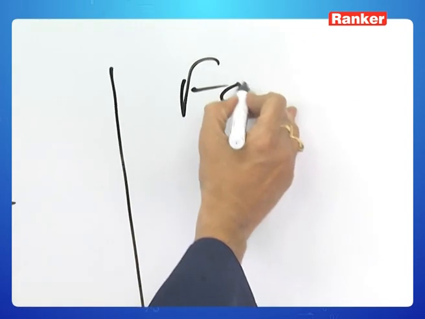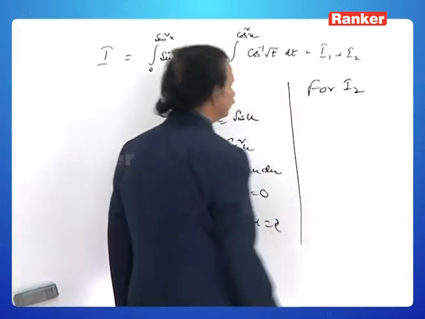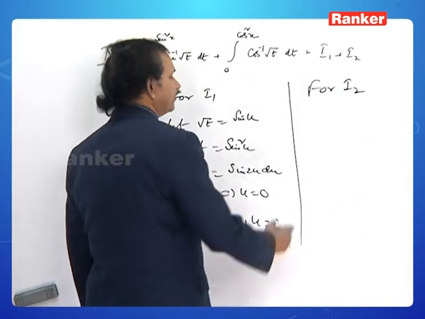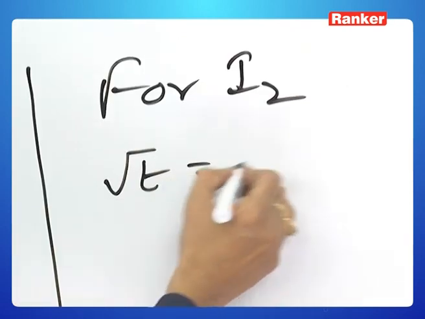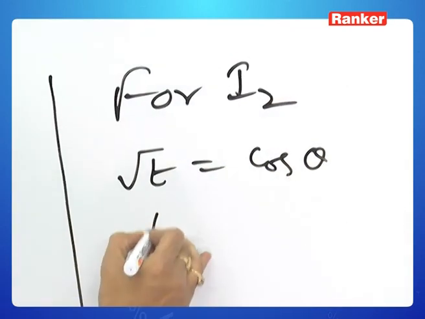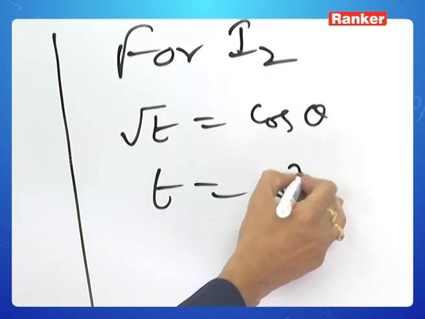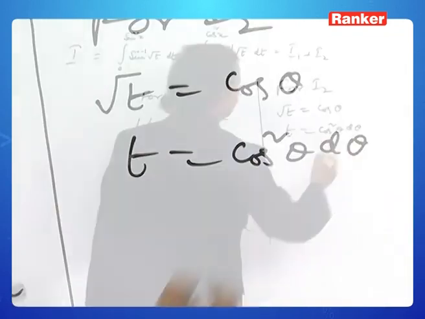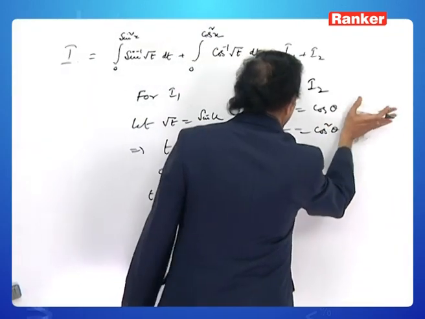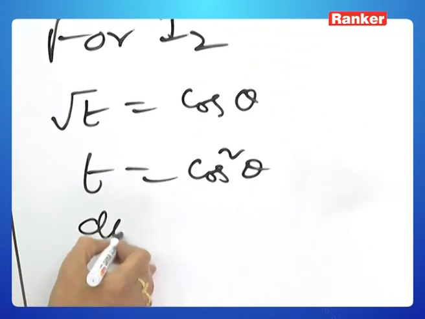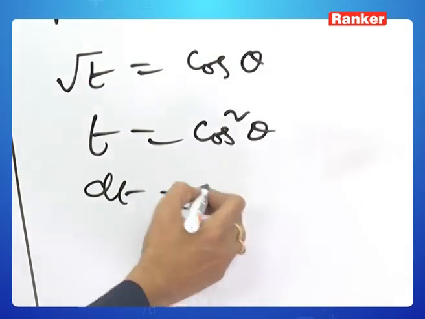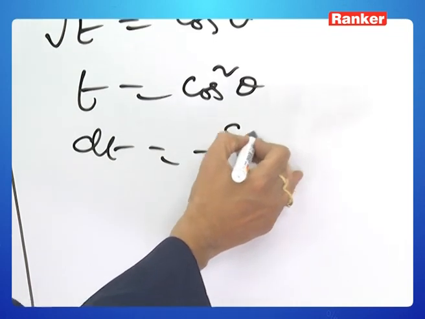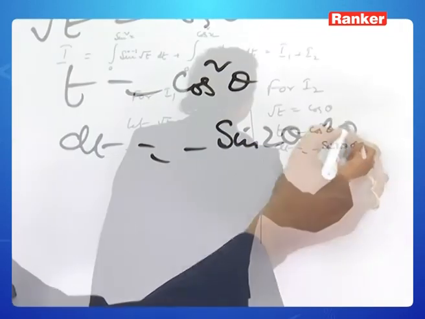Similarly, for I2, now you take root t is equal to cos theta, t is equal to cos square theta, dt is equal to 2 cos theta into minus sin theta, that is minus sin 2 theta d theta.